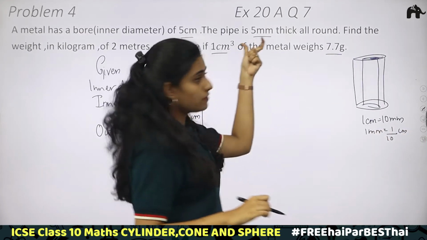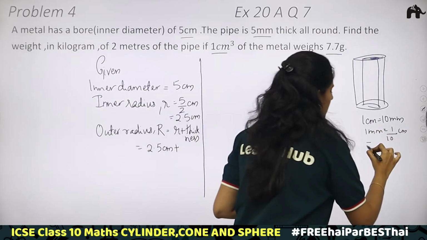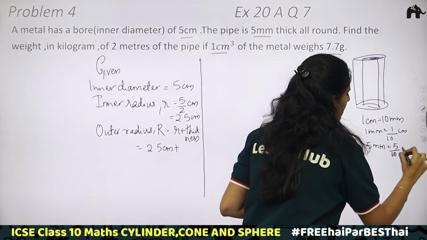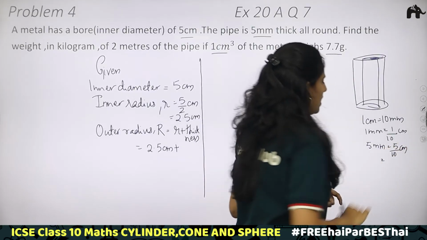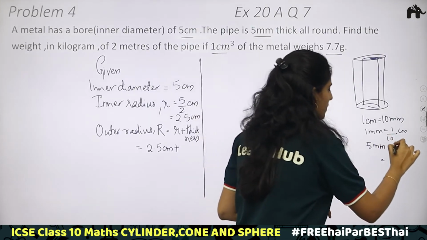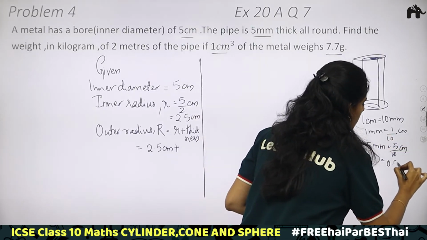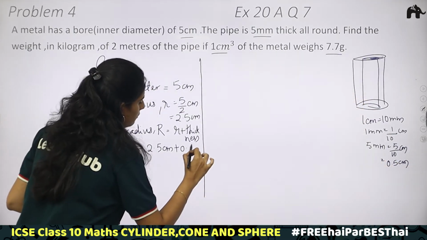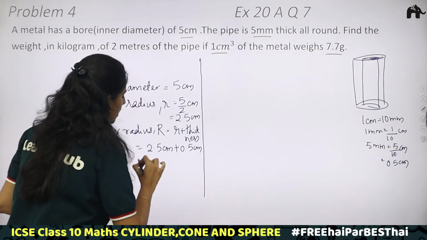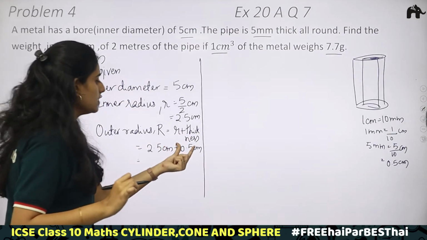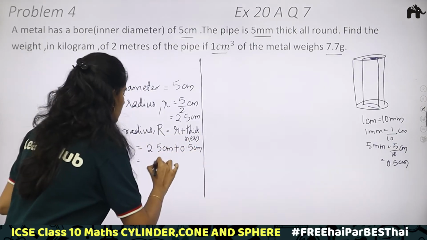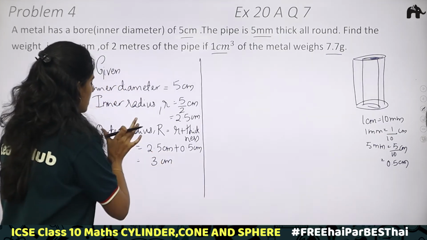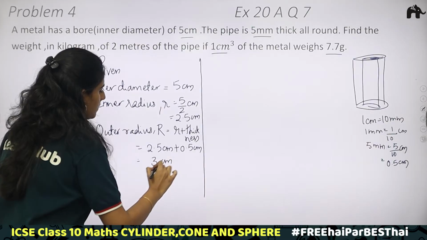Here we have 5 millimeter. 5 millimeter will be 5 by 10 centimeter, that is equal to 0.5 centimeter. So 0.5 centimeter should be added. 2.5 centimeter plus 0.5 centimeter, you get 3 centimeter. So 3 centimeter is the outer radius.